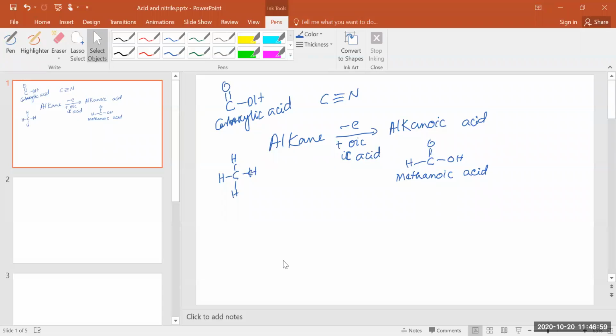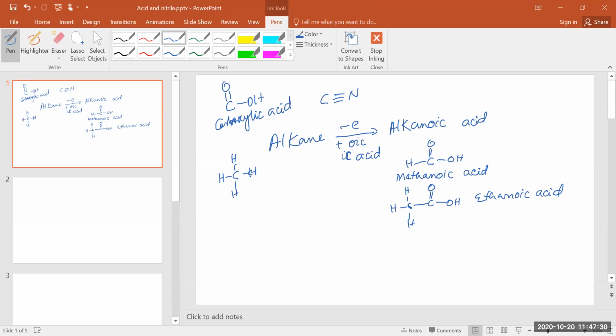Similarly, from ethane, if you have two carbons, that will be called ethanoic acid. And similarly, propane, propanoic acid, butane, butanoic acid, pentane, pentanoic acid, and so on.